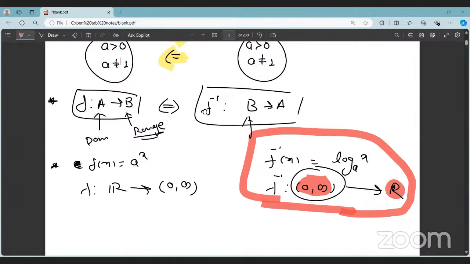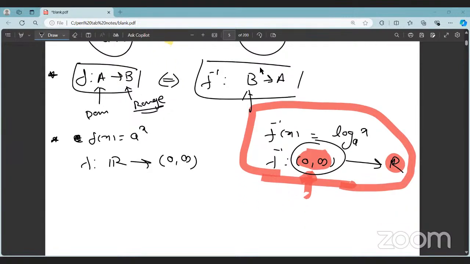I won't take the negative y-axis because I want it to be bijective. That's why the domain of the logarithmic function comes out to be the open interval 0 to infinity. Otherwise, in general, the exponential function is not bijective. But if we restrict our codomain to be 0 to infinity, then only it will be bijective. Okay, got it.